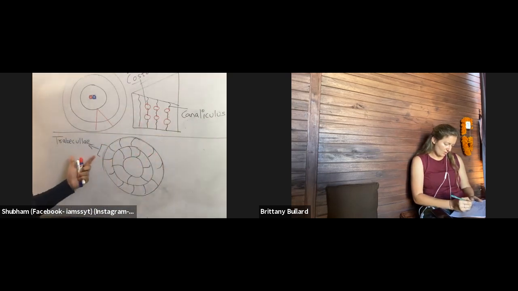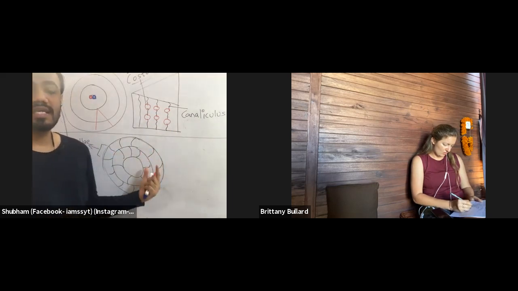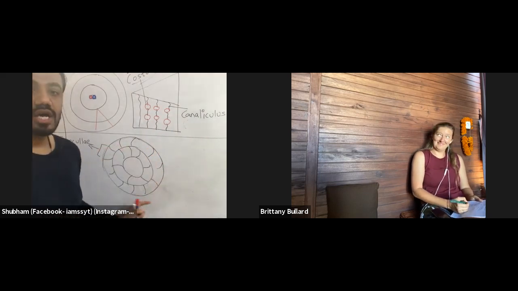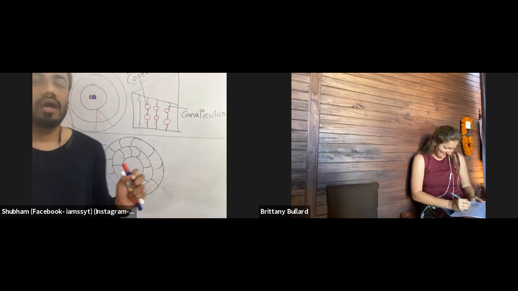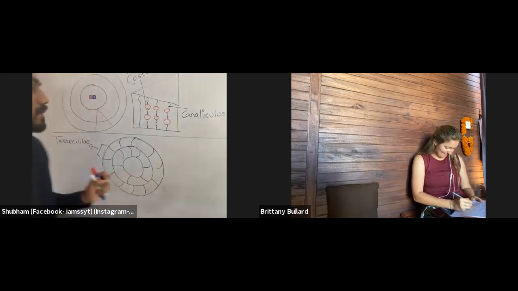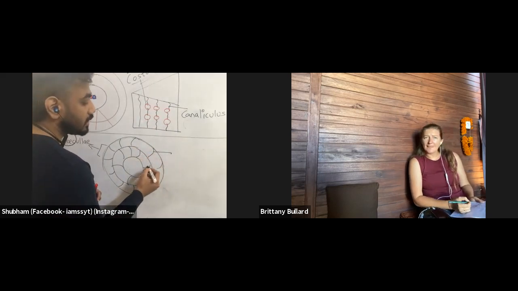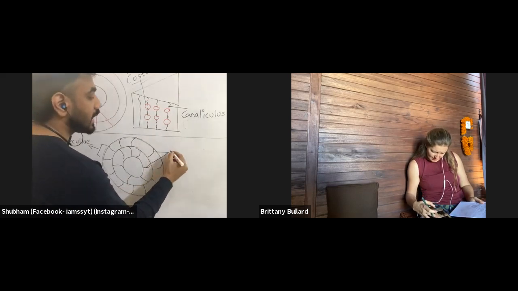Here the sets of parallel series, trabeculae, connect to each other with the help of canaliculae. So what are these canaliculae? This black thread in between is known as canaliculae.